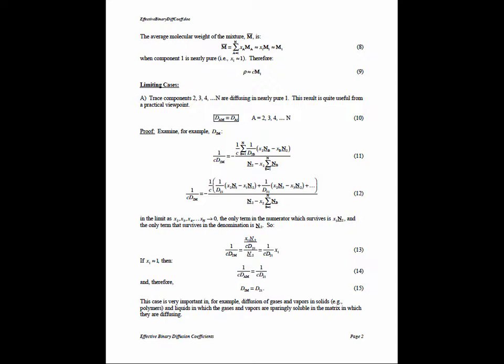You don't have to include all of the other components that are there, and the reason for that is going to be shown here. What it turns out is that in that case, the diffusion of any species, for example, oxygen, bicarbonate, OH minus, H plus, etc., the diffusion of any of those species through that mixture is essentially equal to the binary diffusion coefficient of component A through the dominant component.